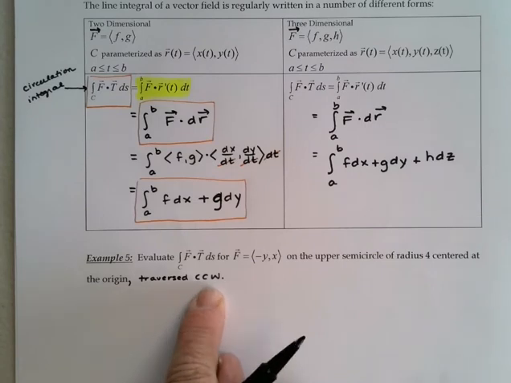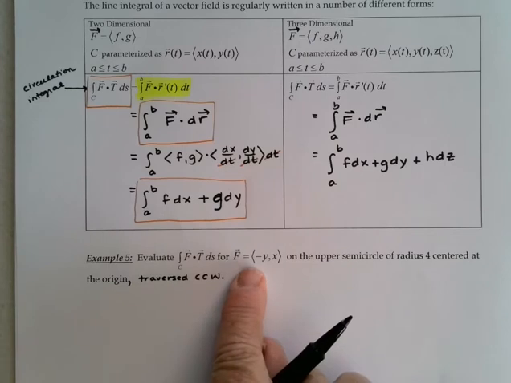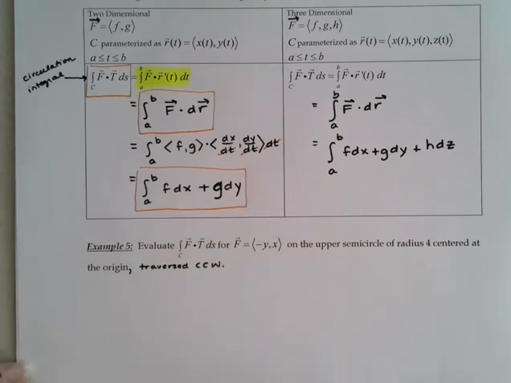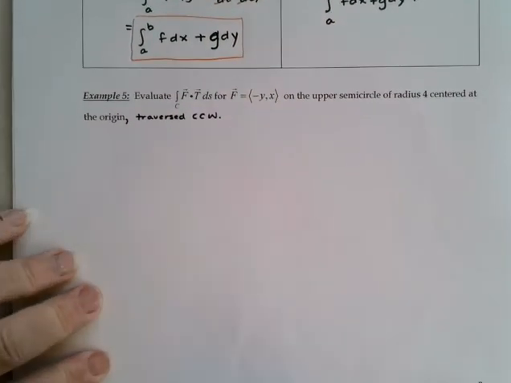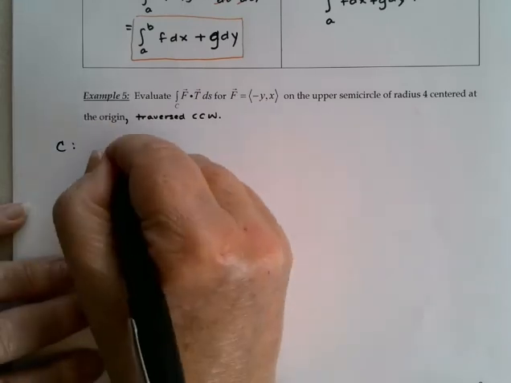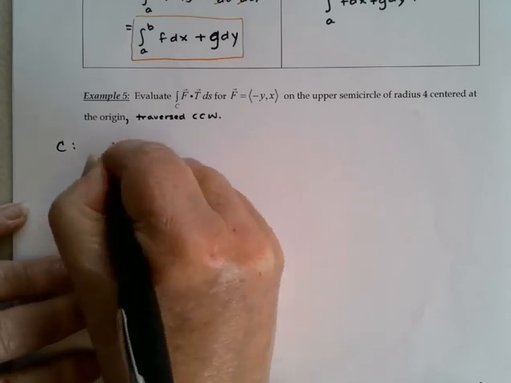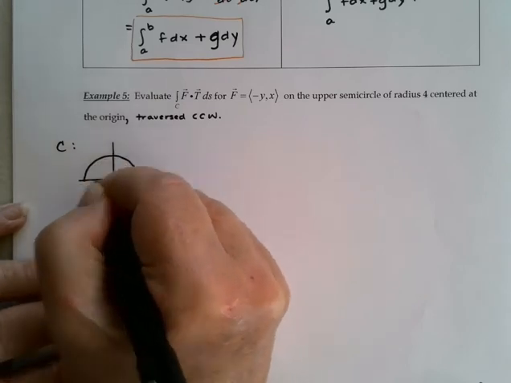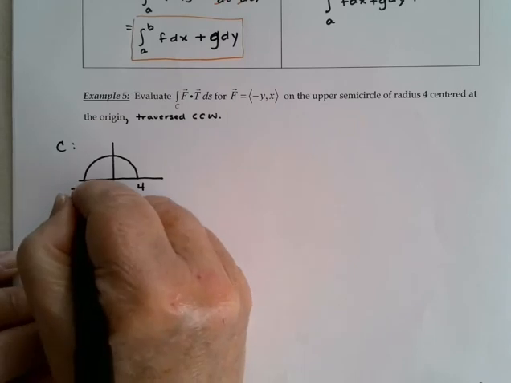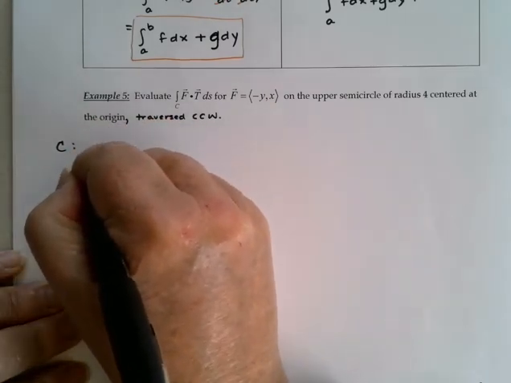We're going to traverse counterclockwise. So here's my vector field. Let's go ahead and work with the path R, or C, which we're going to parameterize as r of t.